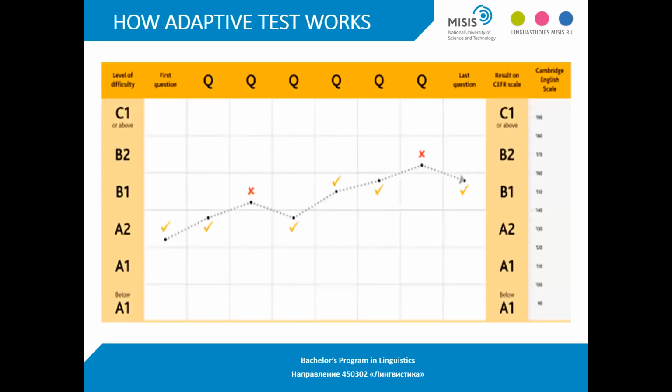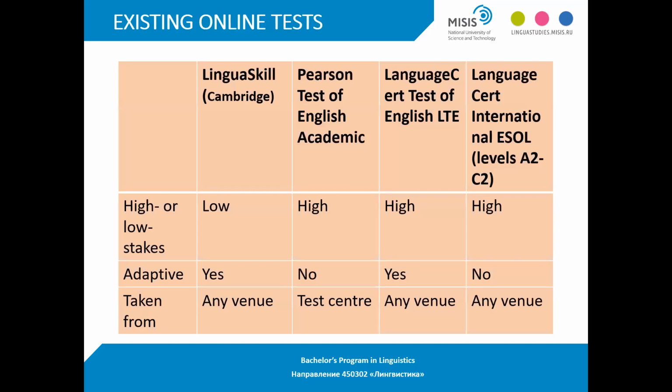So now, if we look at the existing online tests, what do we have? There are more actually, but probably the tests which are either the most popular ones or are produced by the most important players in the market, like Cambridge, for example, they are presented here.